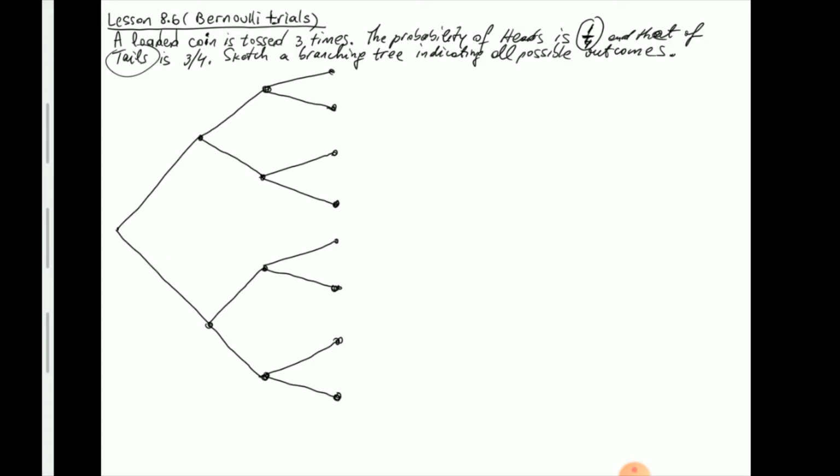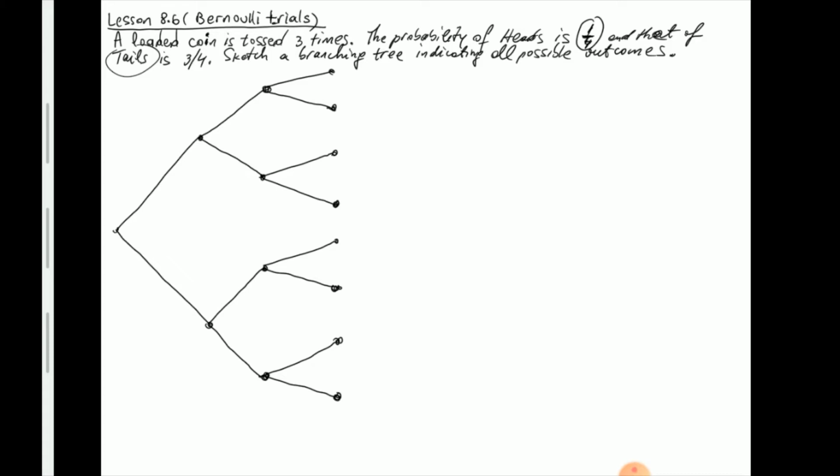But to illustrate what the issue is and why some powerful formulas are useful to answer questions based on these types of experiments, what I want to suggest here in this branching tree is all the possible outcomes that come from these 3 tosses, right? So you toss the coin 3 times, and then what are all the outcomes when you're done for this experiment that is run 3 times.